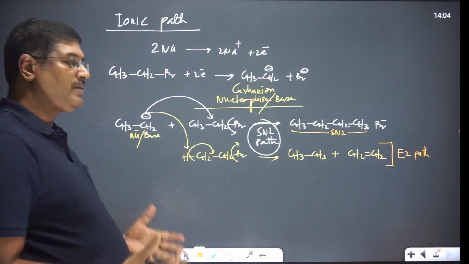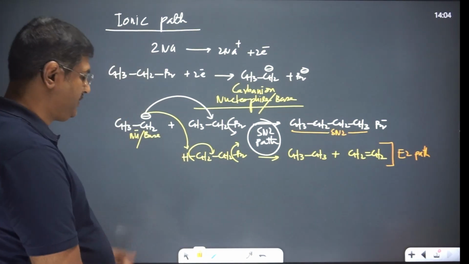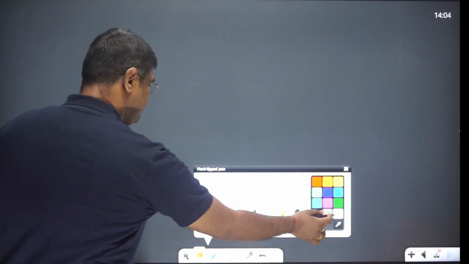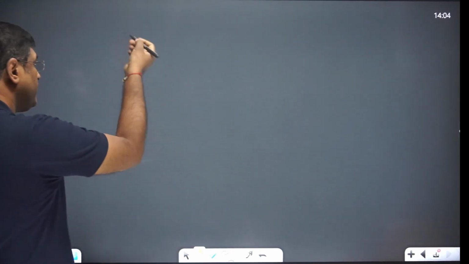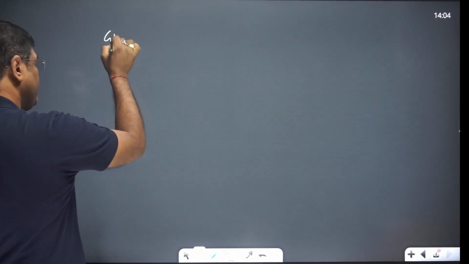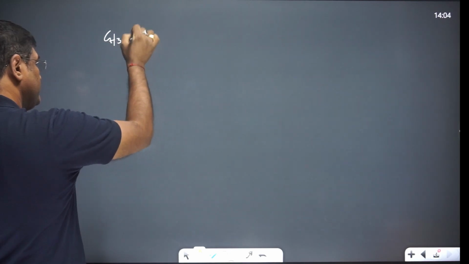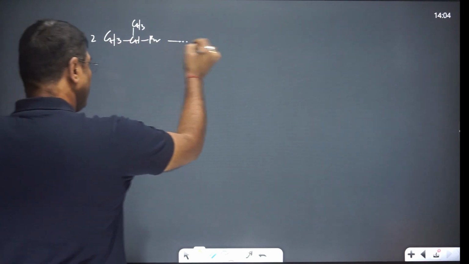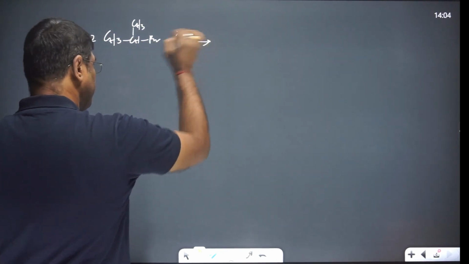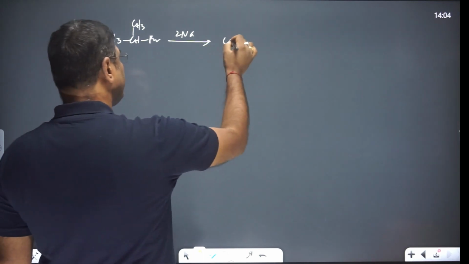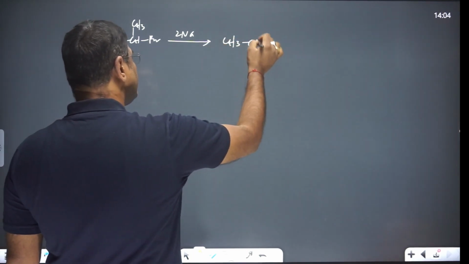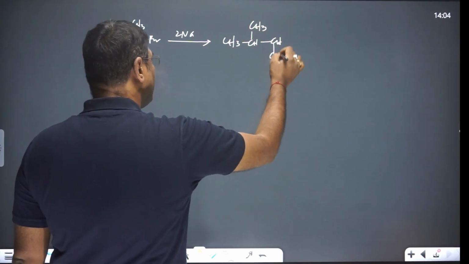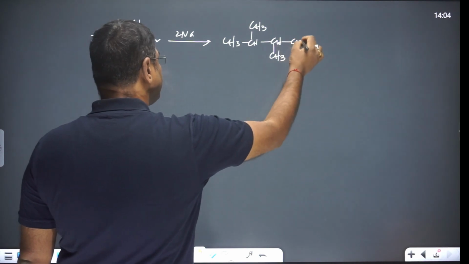Let's take some more examples. You'll understand better. When we observe this reaction over a secondary one like CH3CHBrCH3 with 2Na, we get here the major product, the coupled alkane (CH3)2CH-CH(CH3)2.